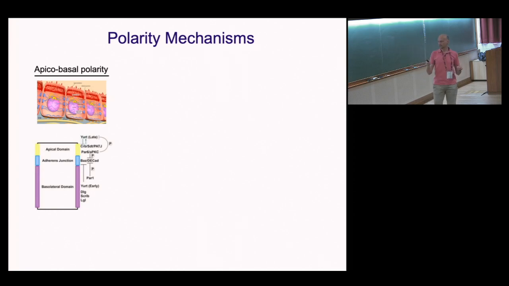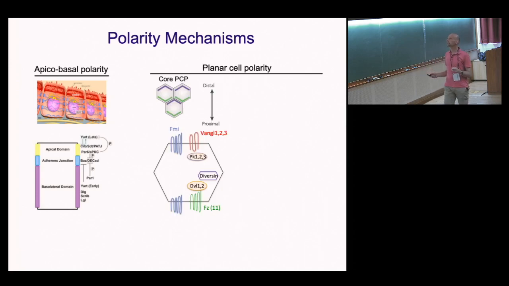However, polarity can also be set up along the mediolateral axis of cells. In this case, it is the so-called core PCP pathway that is one of the key players in bringing this about. Just imagine now you are looking down on a fly wing from above, and how planar cell polarization would manifest at the cellular level is essentially that you have two different protein complexes.